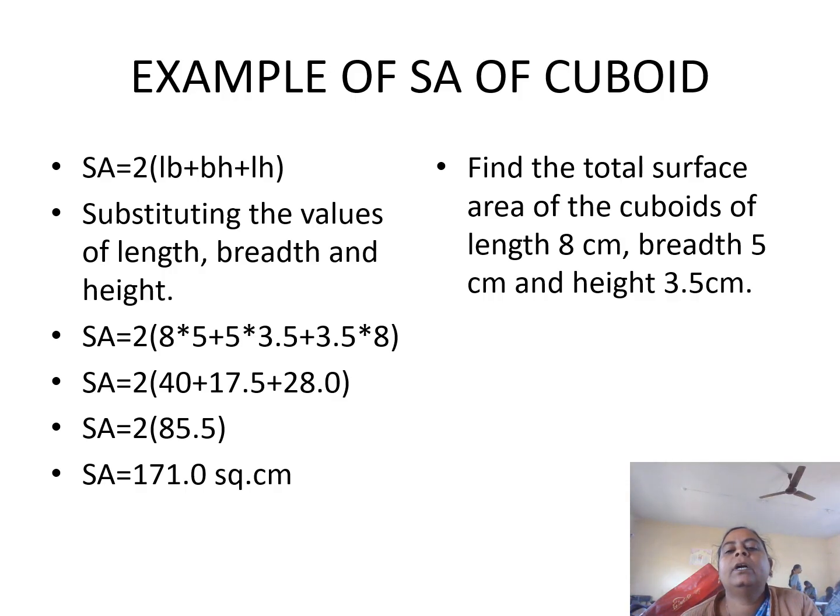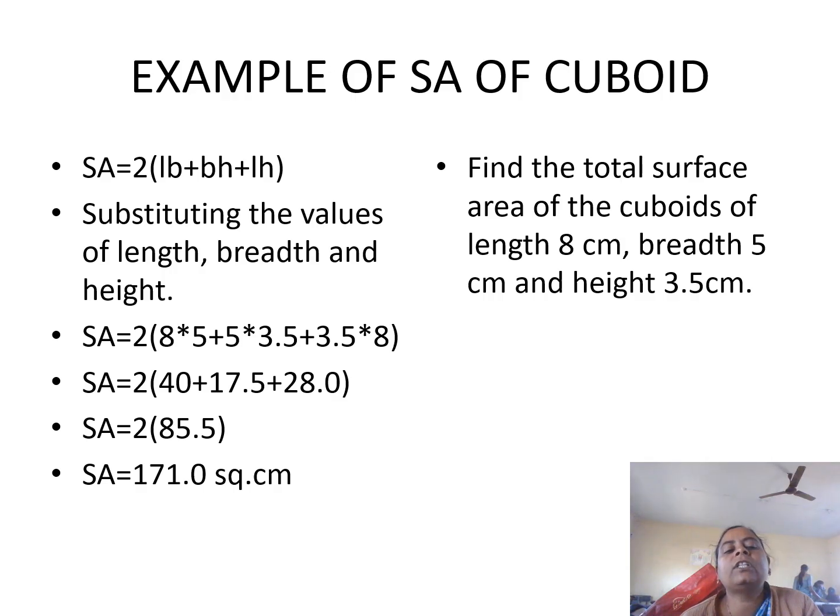Now, in this example, we are supposed to find the surface area of the cuboid of length 8 centimeter, breadth 5 centimeter, and height 3.5 centimeter. Now you know the formula is 2 into (length into breadth plus breadth into height plus length into height).